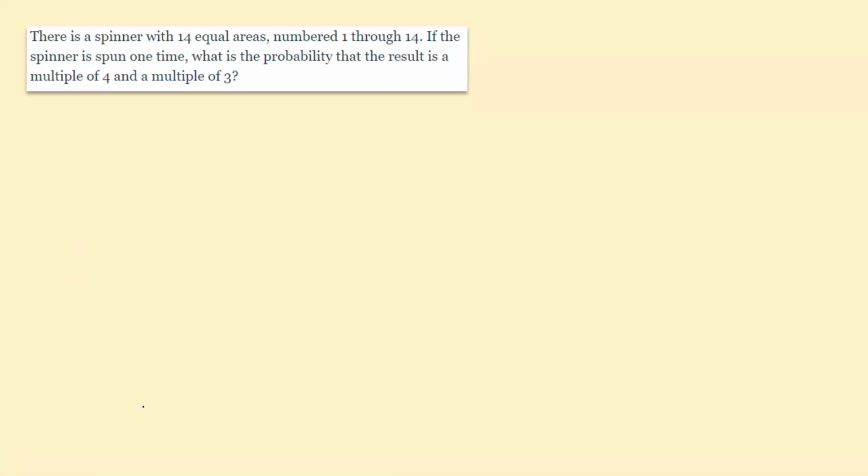So here's another one. There is a spinner with 14 equal areas, numbered 1 through 14. If the spinner is spun one time, what is the probability that the result is a multiple of 4 and a multiple of 3? So this is different than the spinner problem we did earlier. The spinner problem we did earlier was an or problem. This is an and problem.